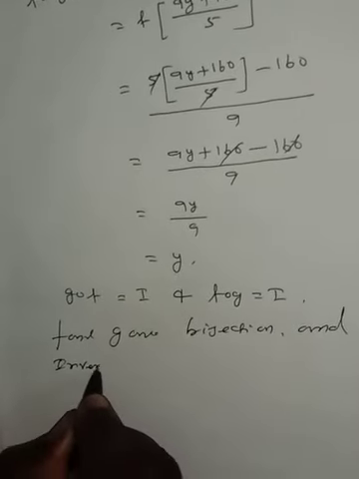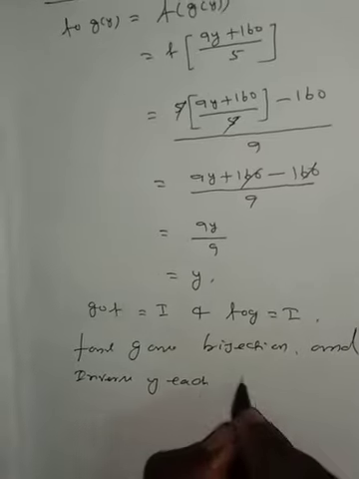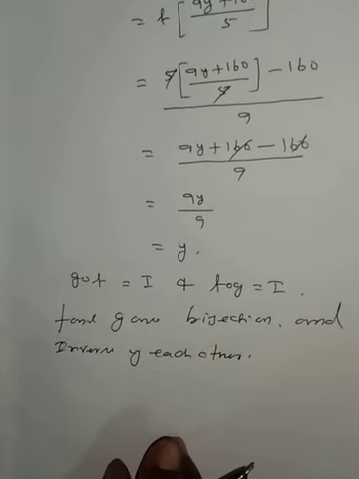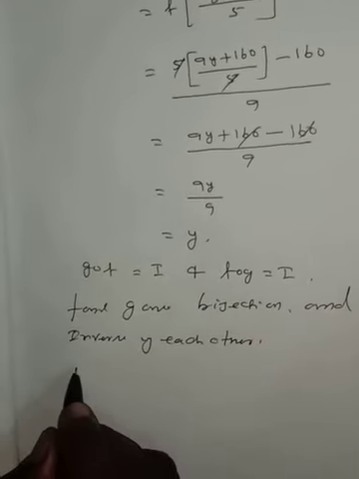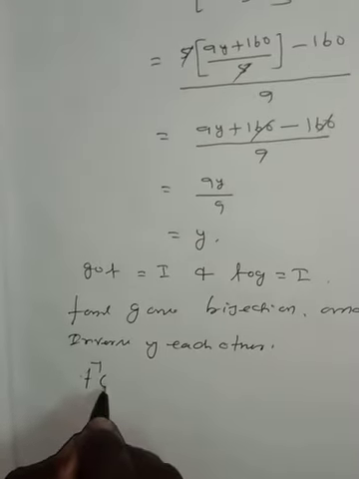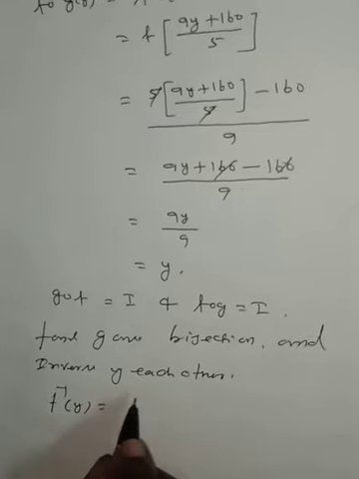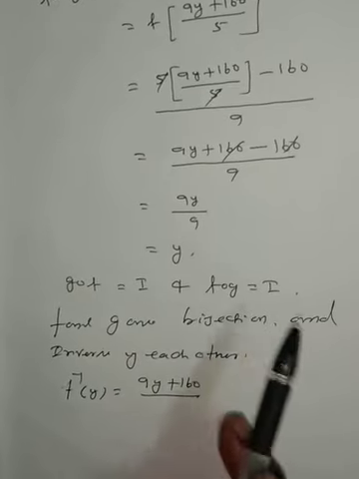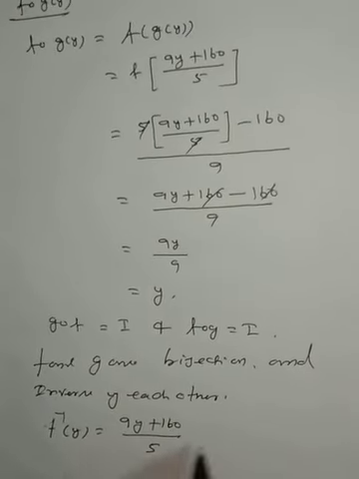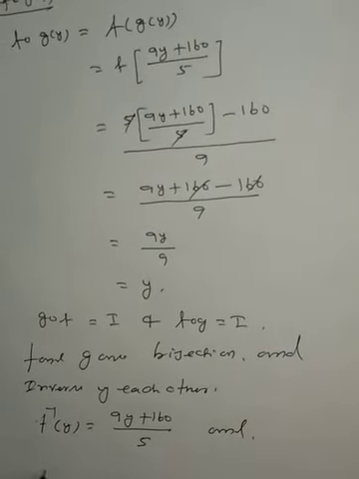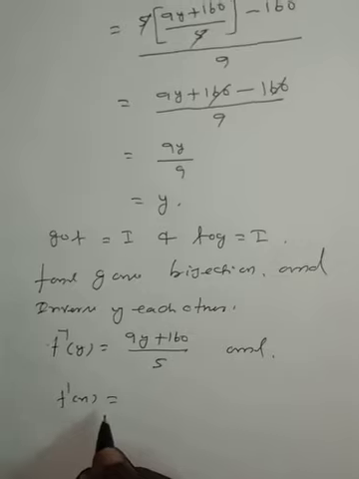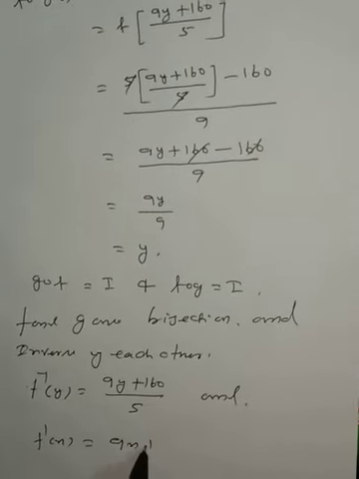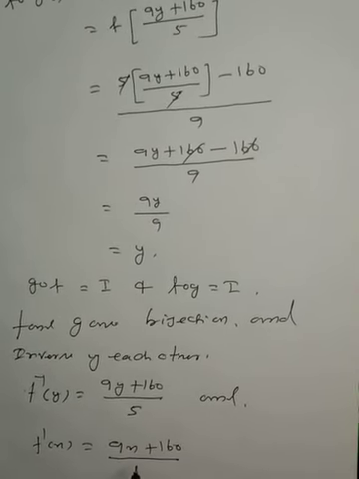In this case Ix, Iy, therefore I. Next, f inverse of y is equal to 9y plus 100 divided by 5, and f inverse of x is 9x plus 100 divided by 5 again.